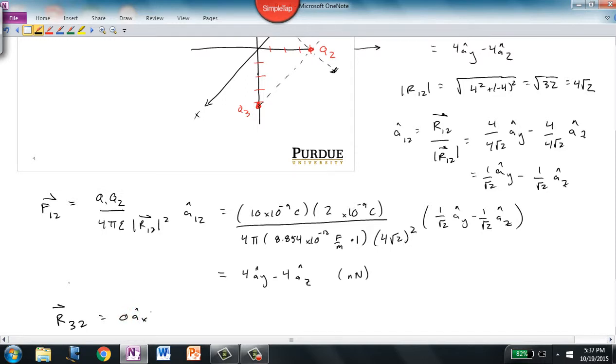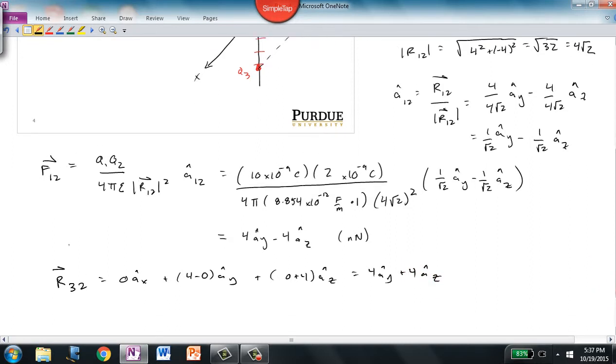The y component, this one has 4 units, this one has 0 units, so it's plus 4 minus 0 a hat y. And for the z components, it is 0 minus negative 4, so 0 plus 4 a hat z. It just gives us 4 a hat y plus 4 a hat z.